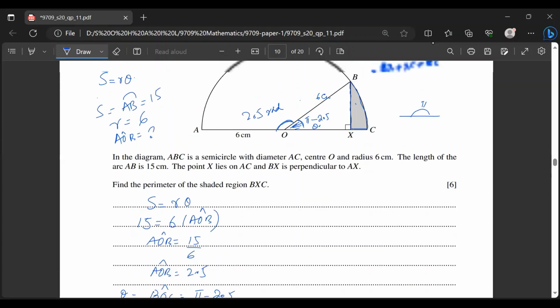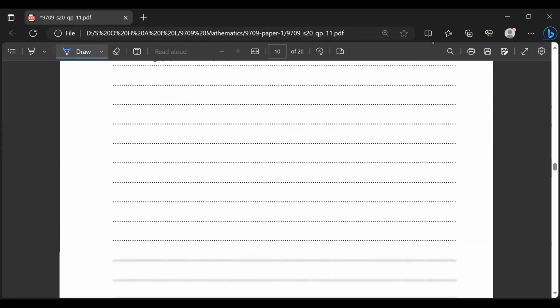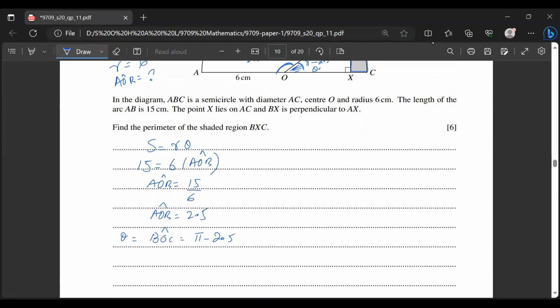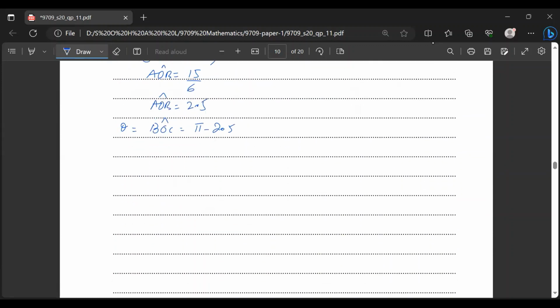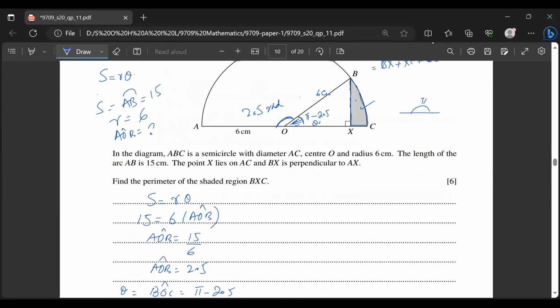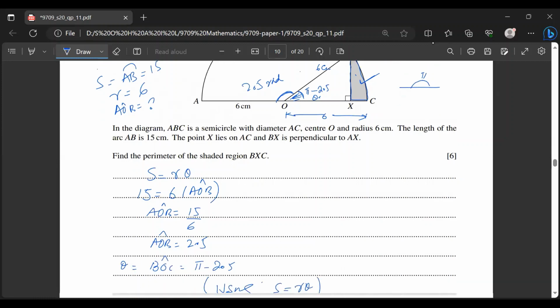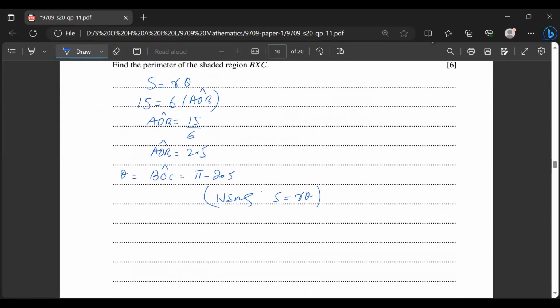The question asks for the perimeter, so you can find the lengths quickly. First, find the arc length BC using the formula S equals R theta, where S is the arc length. The arc length is BC, the radius is 6, and theta is this angle.